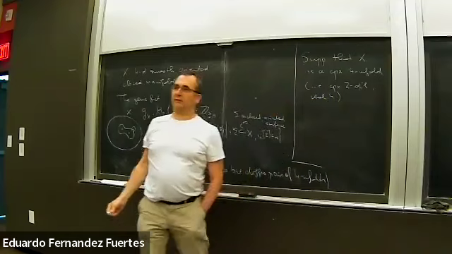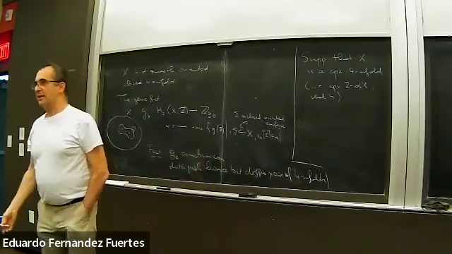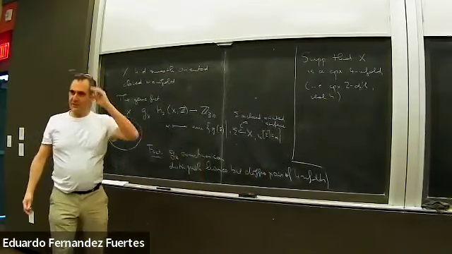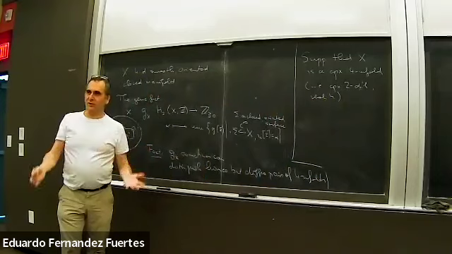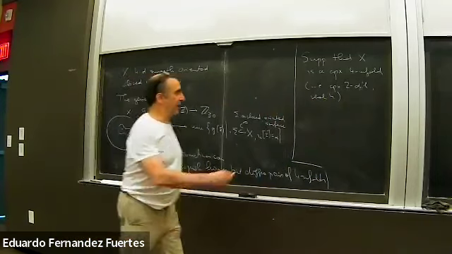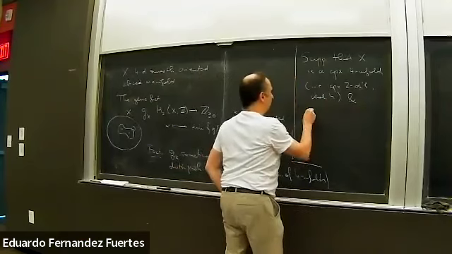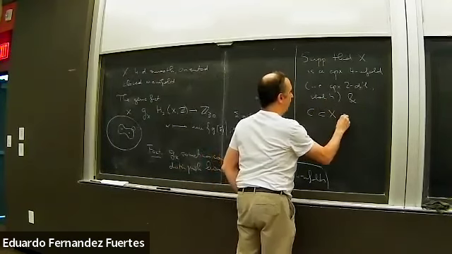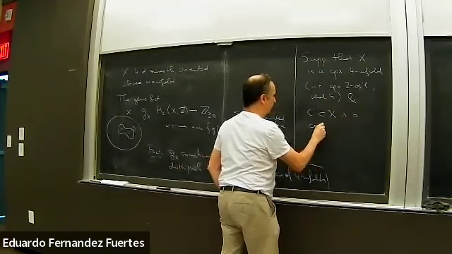So these are what I will refer to as complex surfaces, as opposed to complex curves, which are real two-dimensional surfaces. I know it's a little confusing, but that's what it is. C is a complex curve.